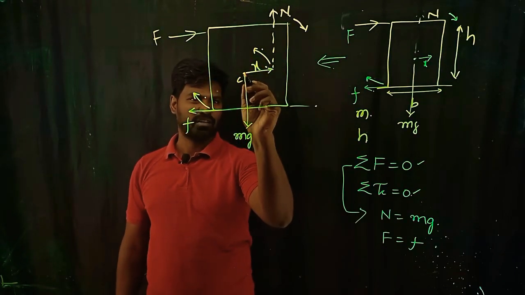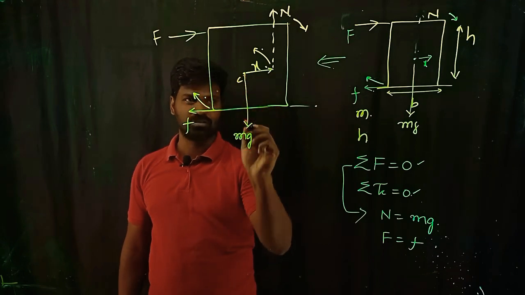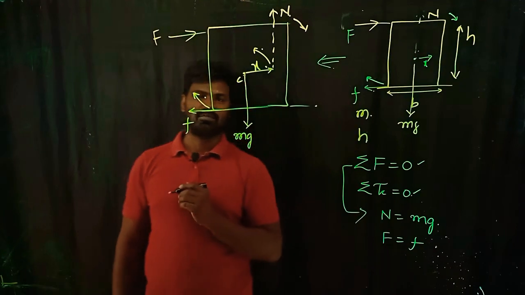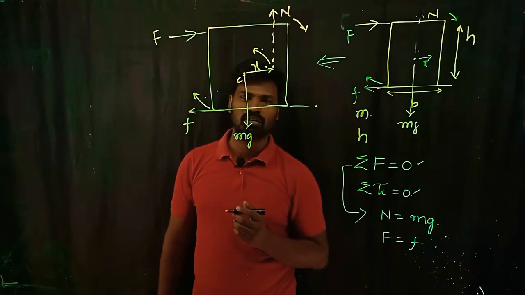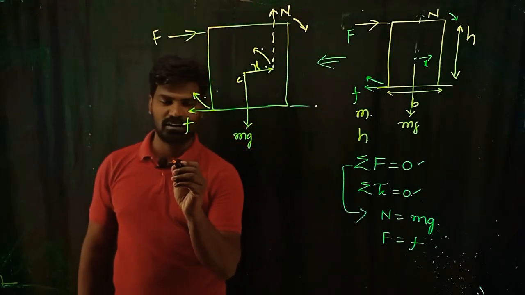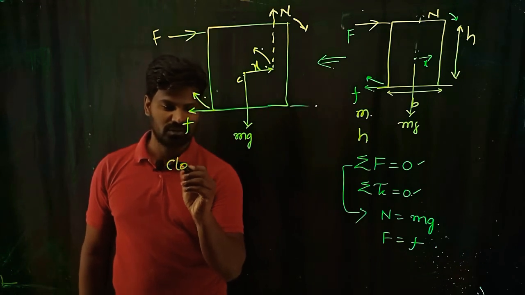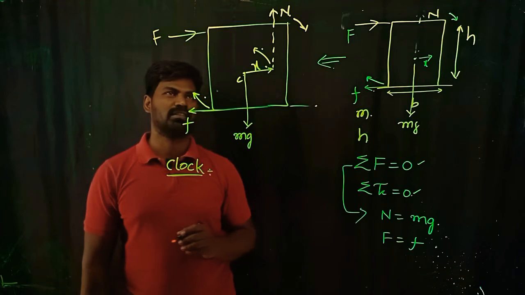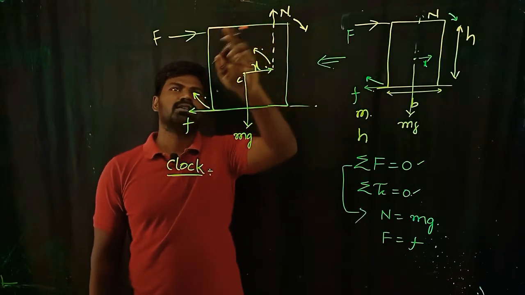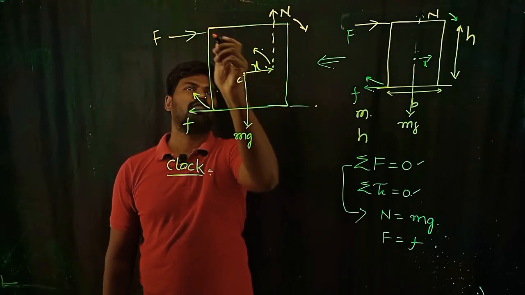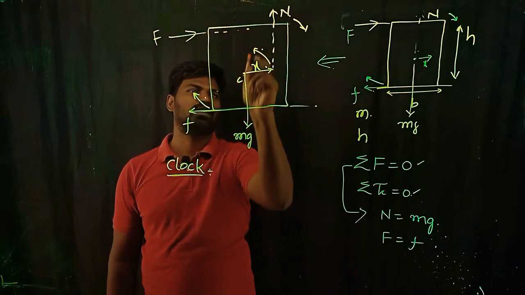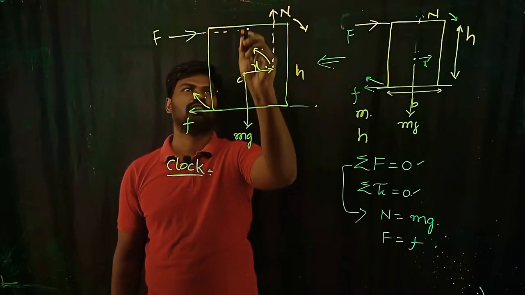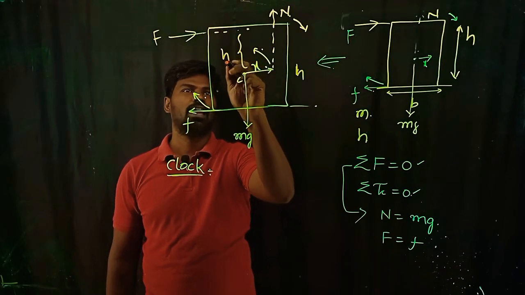And the line of action of the gravitational force is passing through the center of mass. It cannot produce any torque about the center of mass. So now I can write down the torque equation. First I am writing down the clockwise torques, the forces which are producing torque in the clockwise sense. Clockwise means in this sense. So force times the perpendicular distance between the line of action of force and the axis of rotation. The total height is h. The distance from the center of mass to this top point will be h by 2.